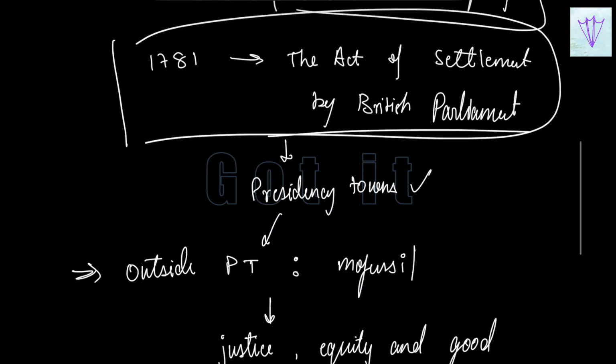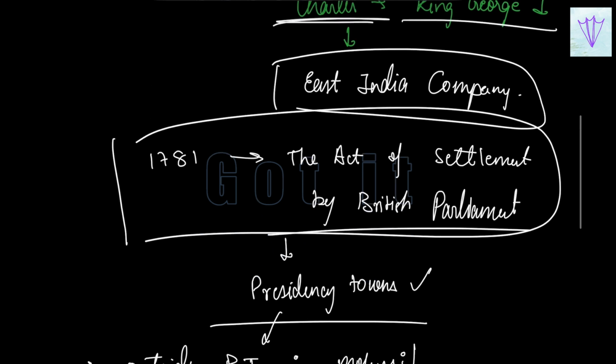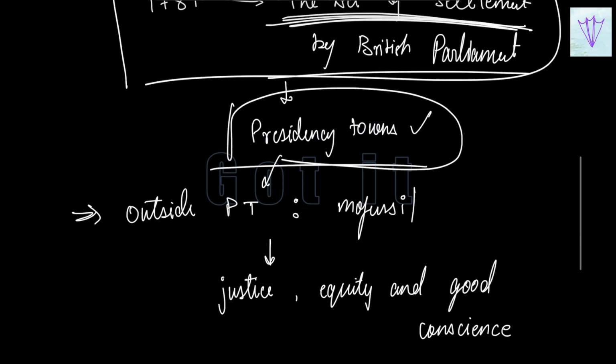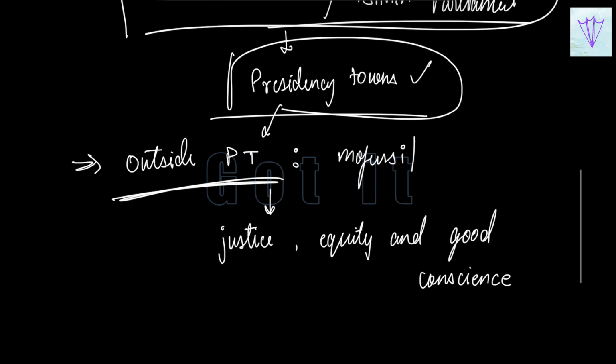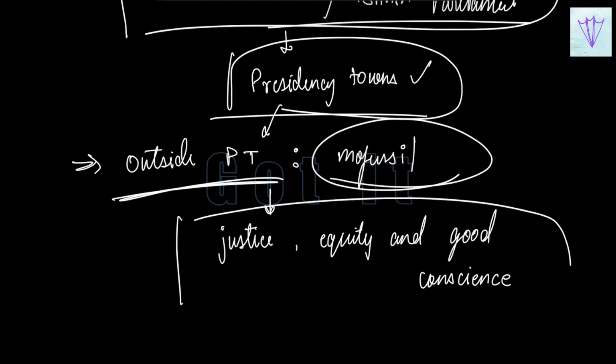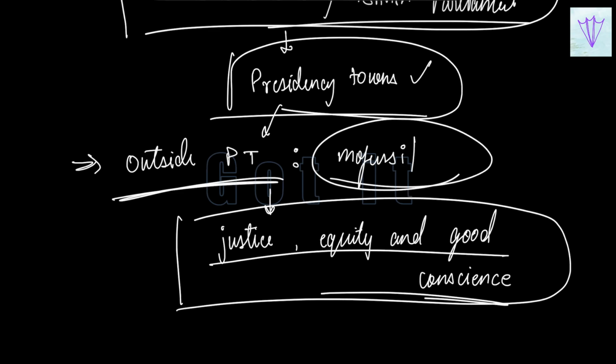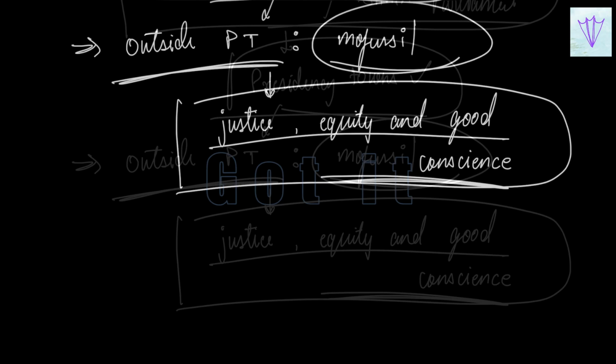So in the presidency towns, it was based on the Act of Settlement by the British Parliament, and for outside the presidency towns, the mofusils, they followed justice, equity, and good conscience.